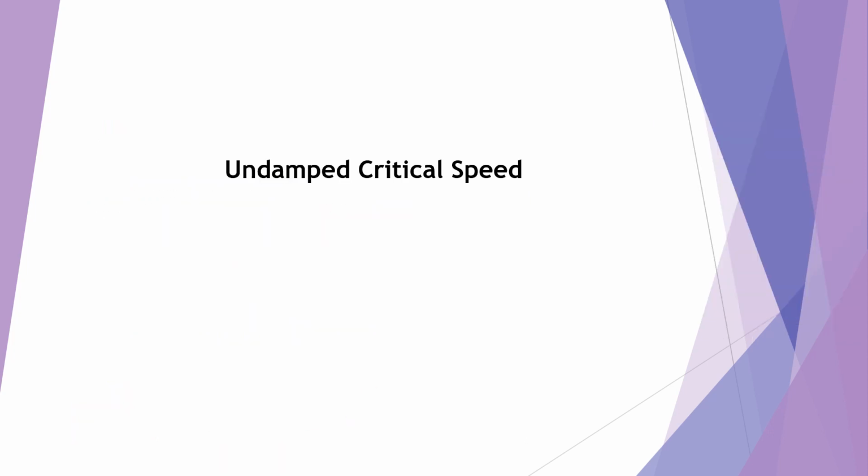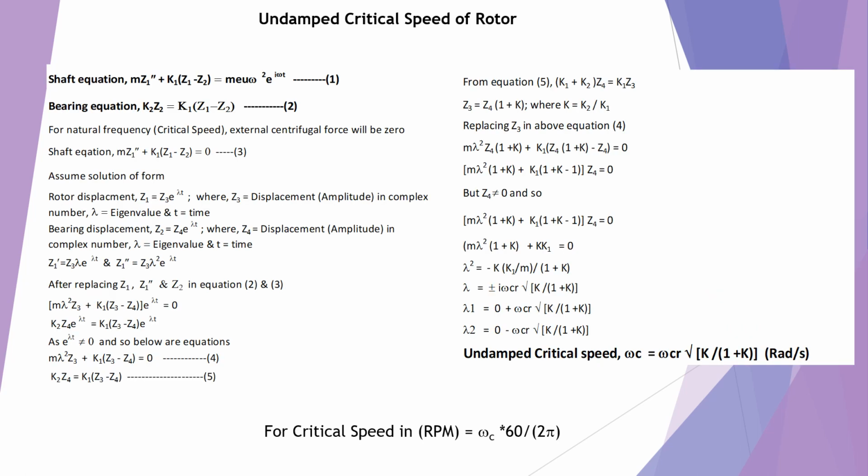Now, undamped critical speed. The shaft equation: m z1 double differentiation plus k1 bracket z1 minus z2 bracket close is equal to m e_u omega square e to the power i omega t. This is equation 1. The bearing equation: k2 z2 is equal to k1 bracket z1 minus z2 bracket close, equation number 2.